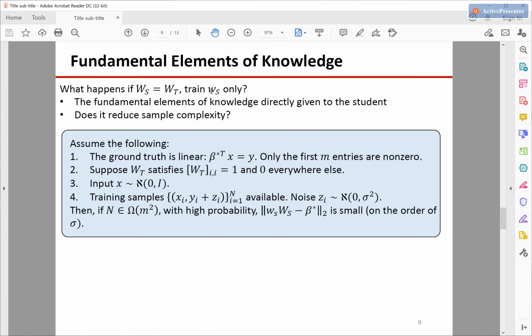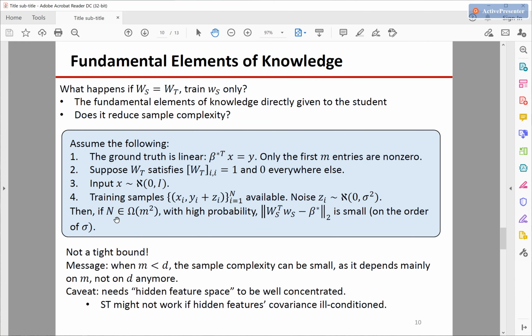We do have lower sample complexity if we make certain assumptions about the hidden neurons and the input distribution. The theorem itself is not very important. I mean, it's a very artificial setting anyways. But there are two interesting observations. The first one is that the number of samples now depends reasonably on the dimension of the hidden space.